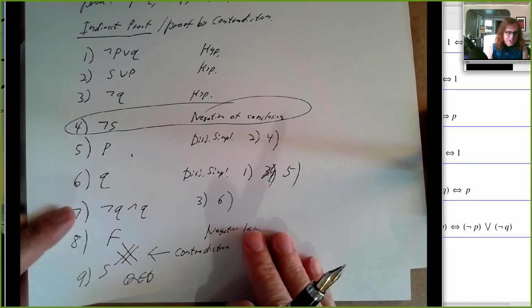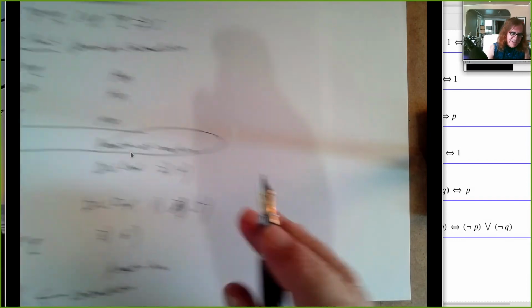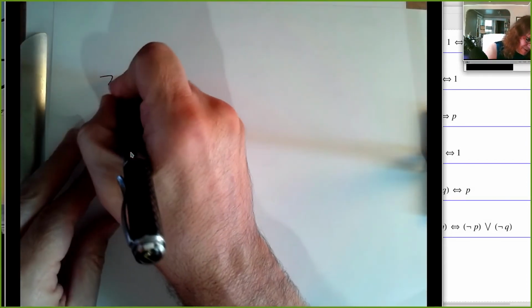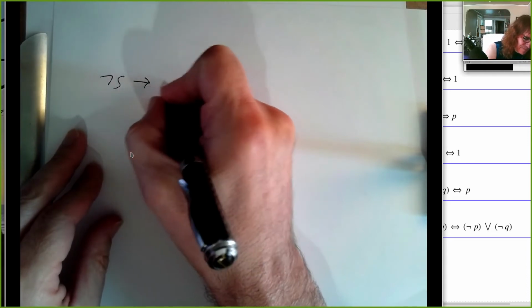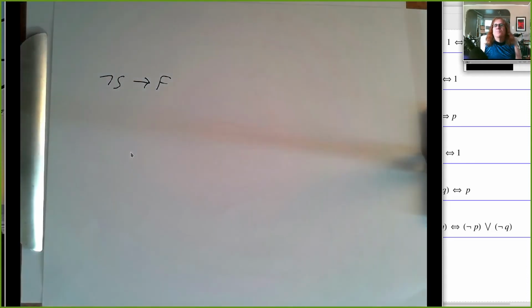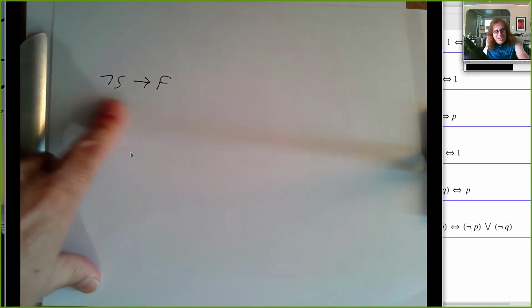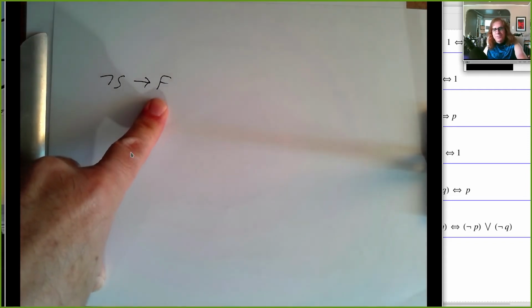What we really showed was that if S was false, then false was true. Right? We showed that if we assume not S, we can prove that false is true.